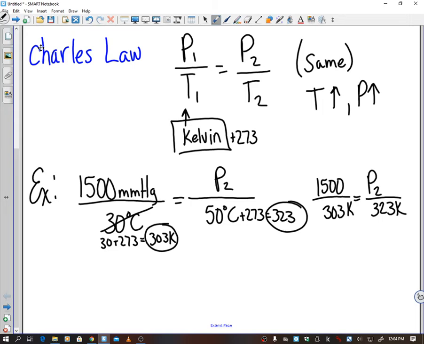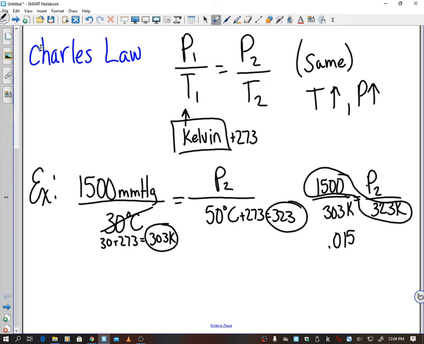All right, when you see these, you are going to cross multiply. So you're going to take 1,500 times 323, and whatever is left over, whether it's your temperature, 303, this time, or maybe they gave us P2 and we're trying to find the temperature, whatever is left over, you're dividing by.